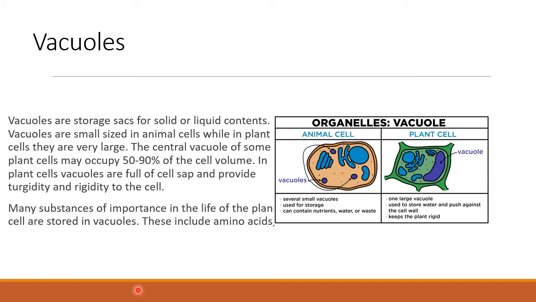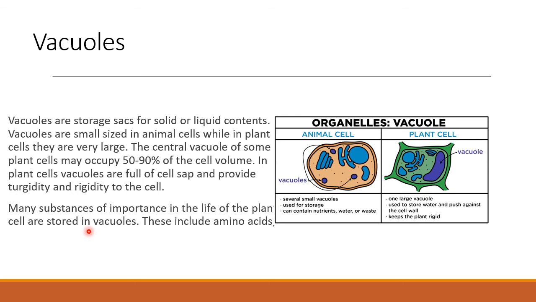One more very important role played by the vacuole is to provide turgidity and rigidity to the cell, firmness to the cell. So, what is this turgor? When a plant absorbs water through the roots, what happens?